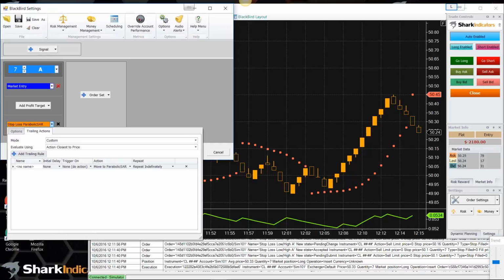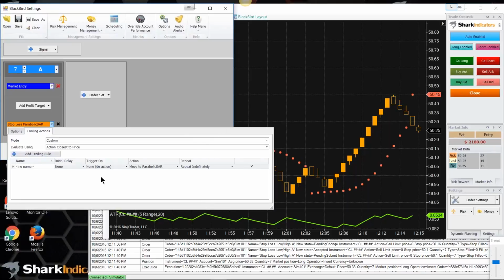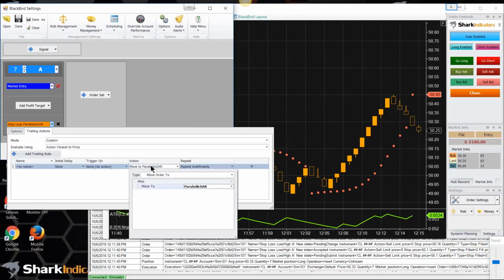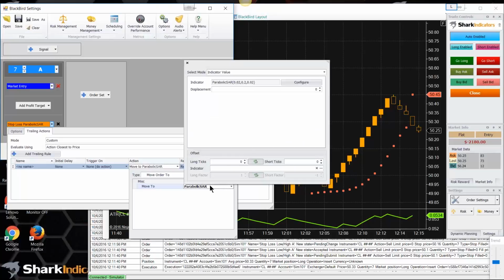Now the trailing rules, again, it's just kind of a repeat of what we've seen so far. There's no initial delay, there's no trigger. We're just simply using the action to move the stop loss order. We want to move the order to the parabolic SAR. So down here, if we open this, again our select mode is set to indicator value, and we just have our parabolic SAR indicator set up.